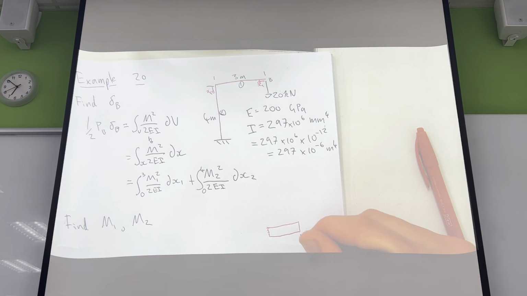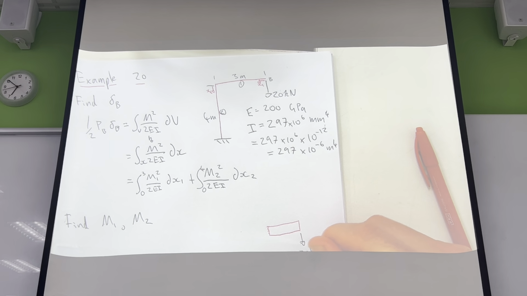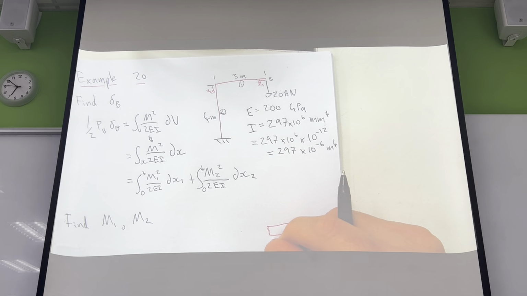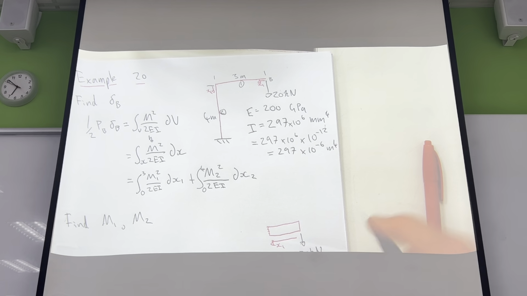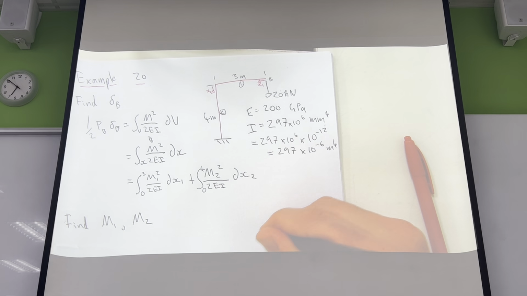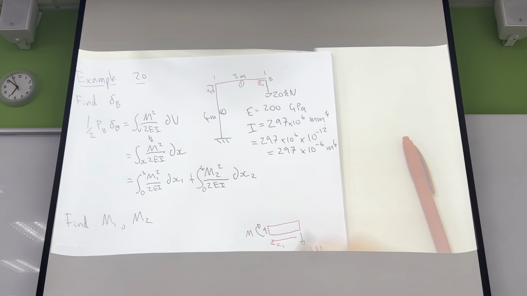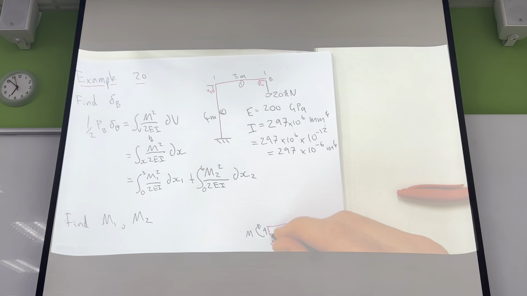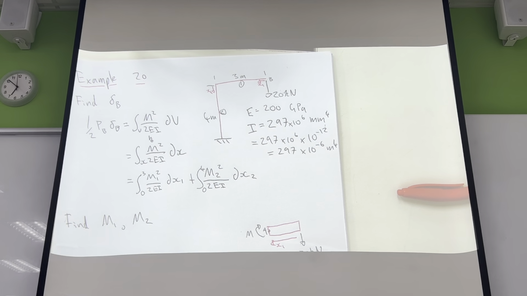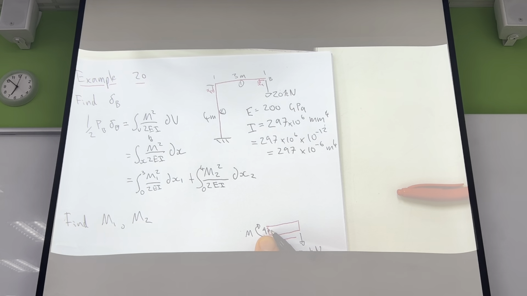So we have here 20 kilonewtons. This is obviously for section 1. We have a distance x1. It will have an upwards shear and a clockwise moment. Trying to find the value of the moment, we'll just take some moments about that point there.